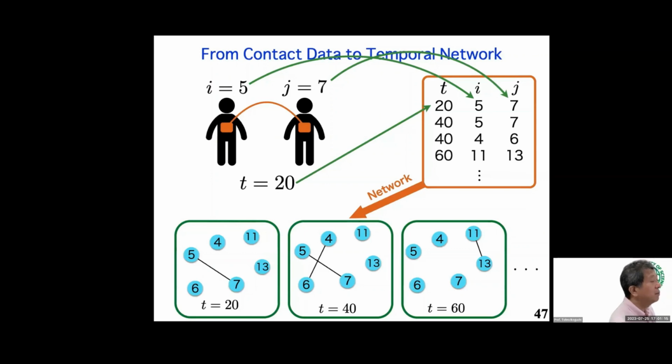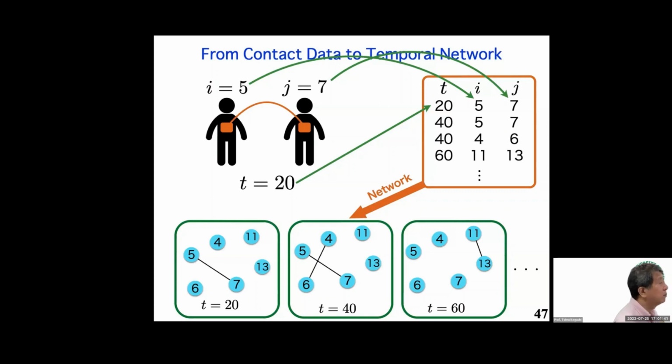The data measured in this manner is shown in the upper right corner of this slide. The first column shows the time, sampled every 20 seconds. The second and third columns show who made contact with whom at each time t.